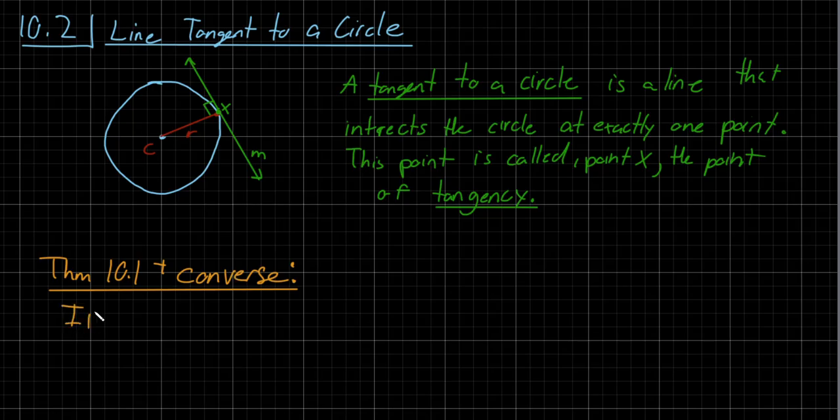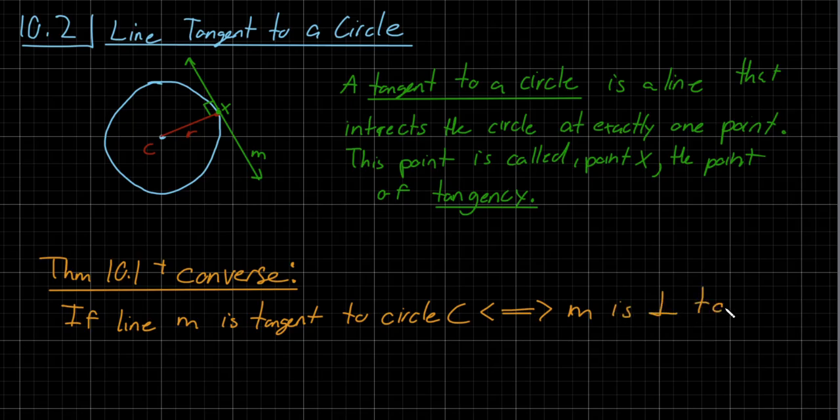So if line M from above is tangent to circle C, then M is perpendicular to CX, which is just our radius.